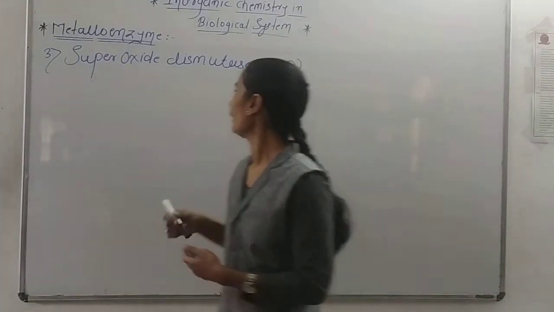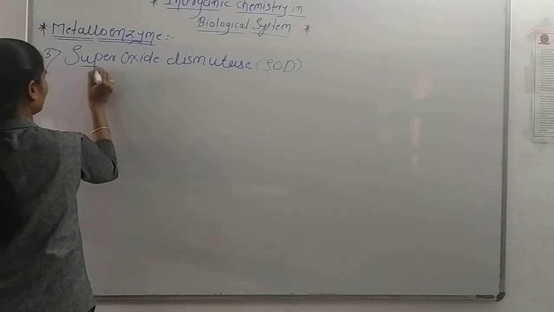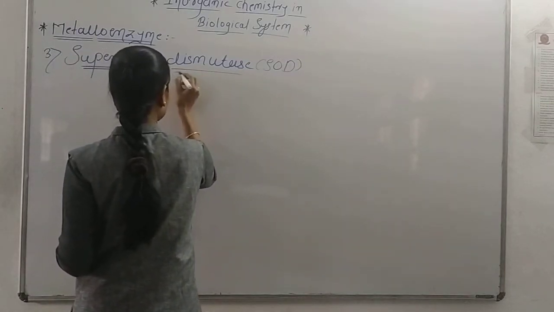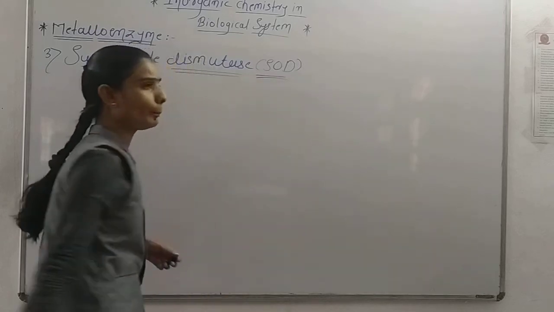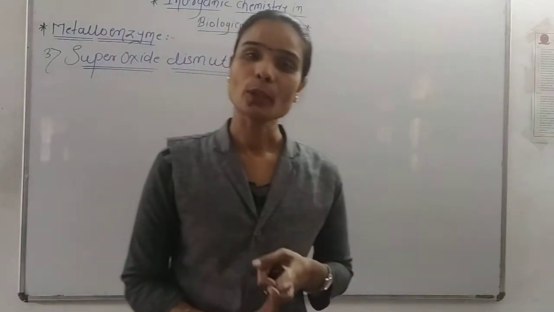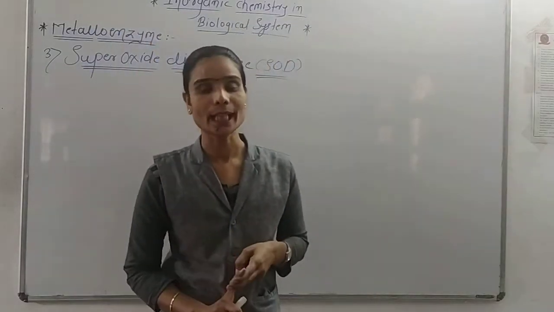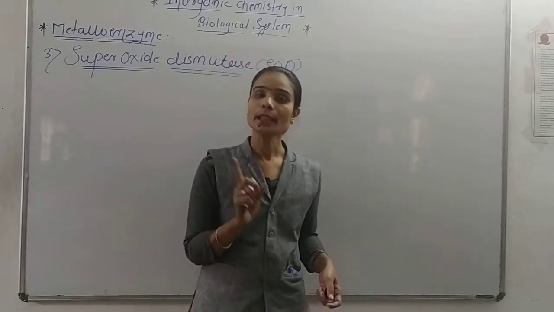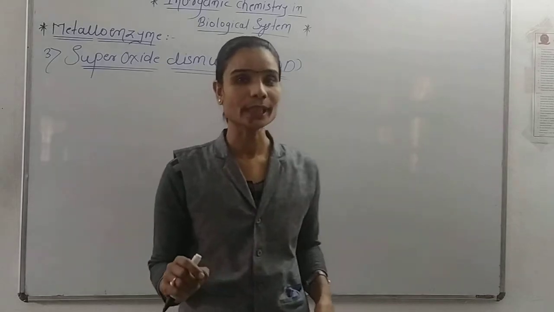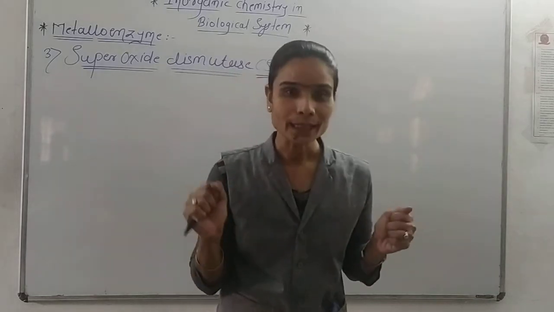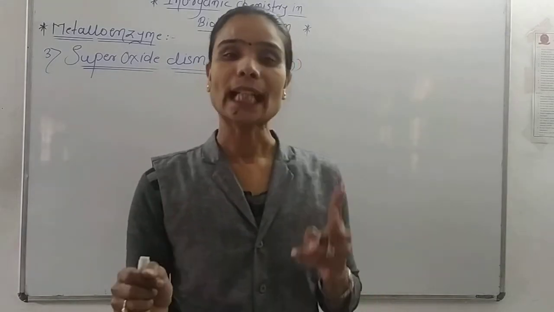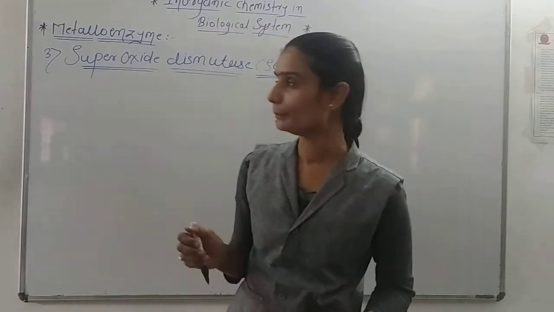We saw the first two zinc metalloenzymes, carboxypeptidase and carbonic anhydrase, and in these two metalloenzymes only one metal atom is present at the active site, that is only zinc. But in superoxide dismutase, it has two metal atoms.